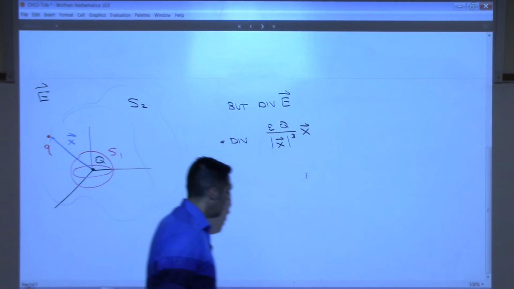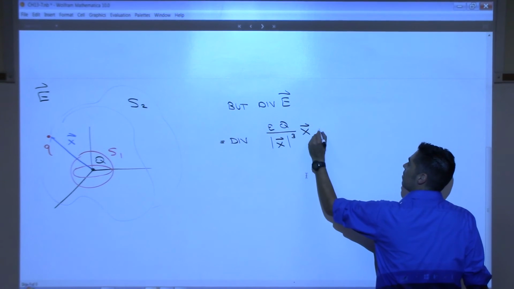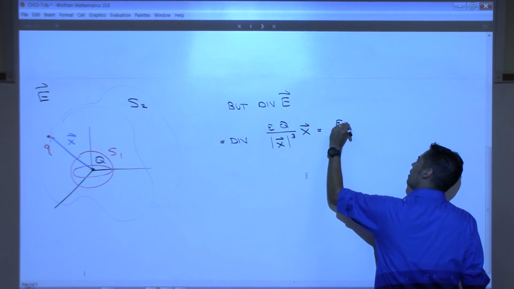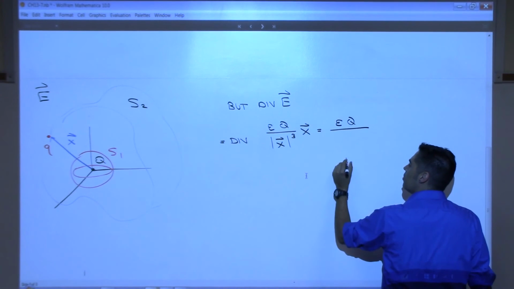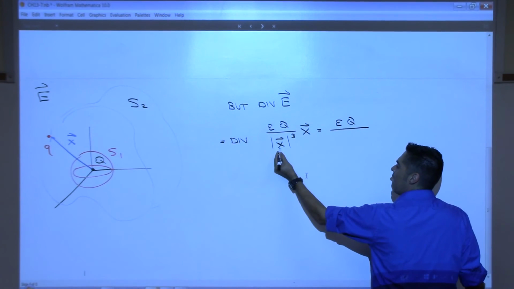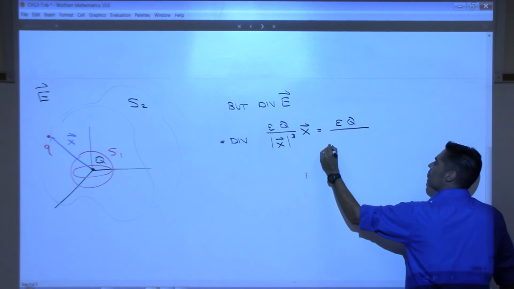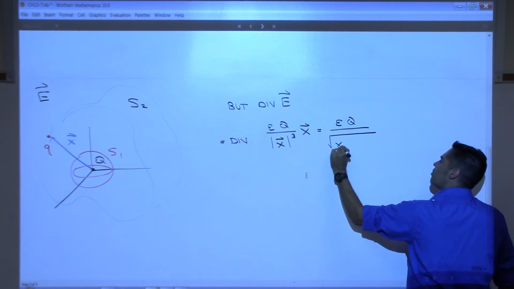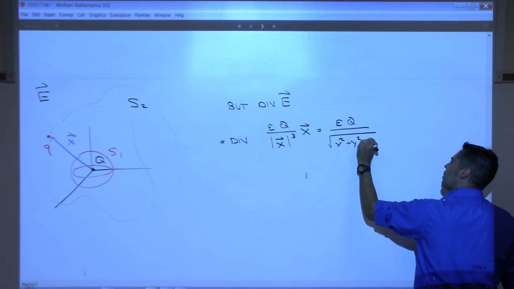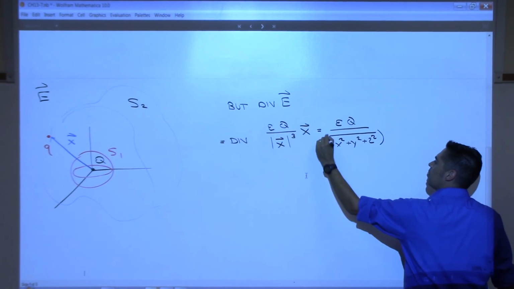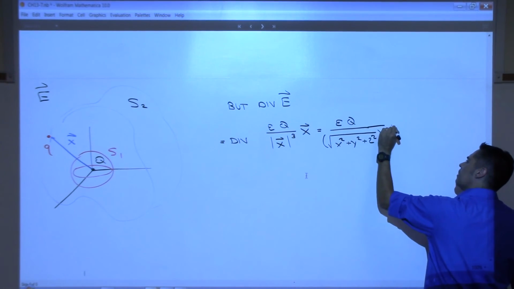So I want you to convert this now to say this: epsilon times q over, what is the magnitude of x? Square root of x squared plus y squared plus z squared, all of this cubed, right?